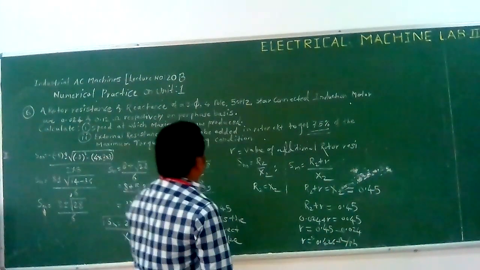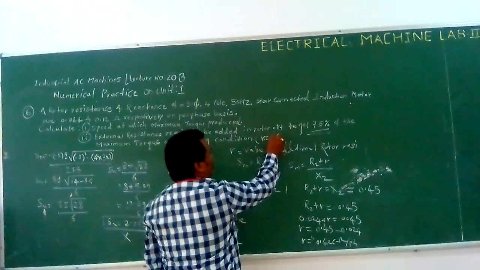The additional resistance value is 0.426 ohm per phase.